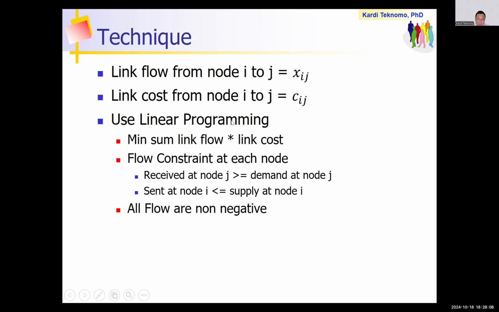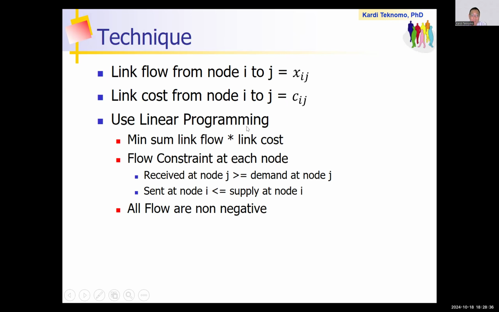So the technique is, let's first give notation. Let's give the notation as xij, or in the other slide, Dij. It's the link flow from node i to node j, and then this is the cost function, which is already a function of generalized cost.